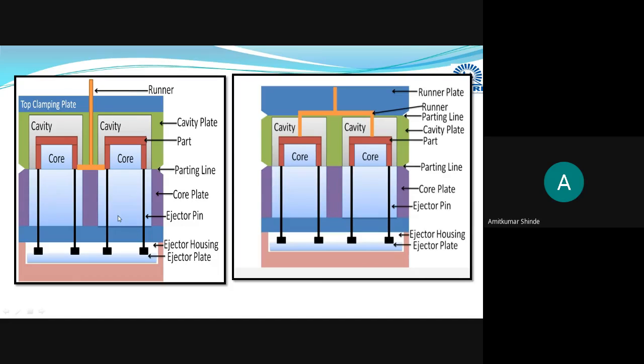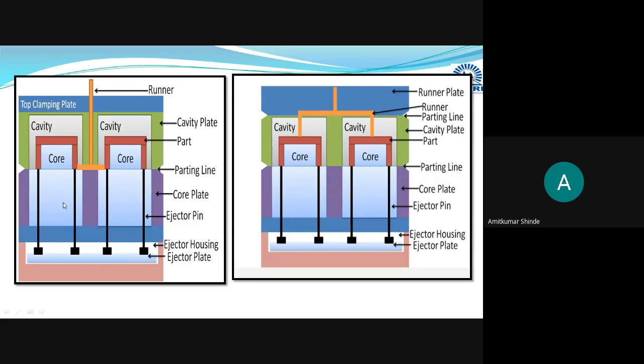In the injection molding process, the two plate mold is the mold which has only one parting line. You can see here, there is only one parting line. From this parting line, the mold is divided into two halves, or two parts.